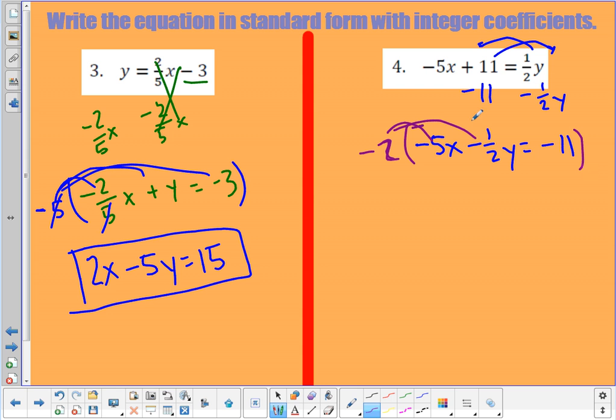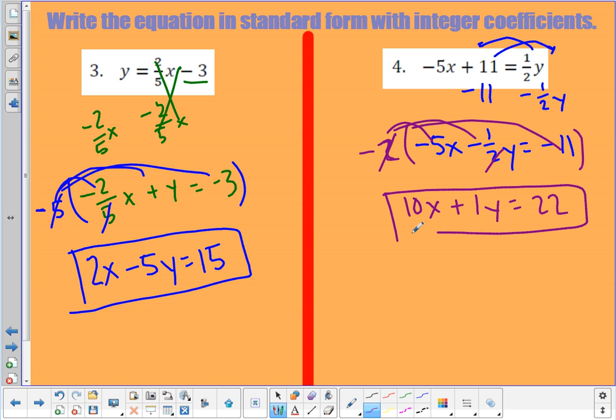So when I distribute that, -2 times -5 is +10x. -2 times -1/2, this 2 cancels that, negative times negative is positive, so it's just +1y. And then -2 times -11 is +22.